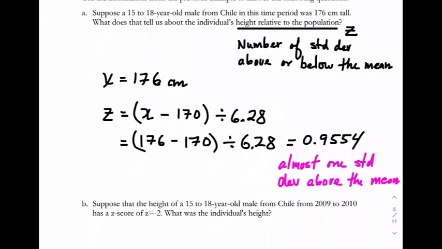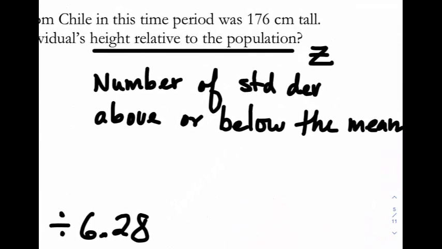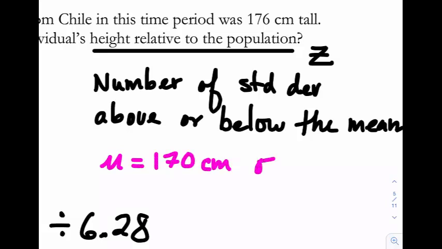So from this part, the height relative to their population is only with respect to the mean being equal to 170 centimeters and sigma being equal to 6.28 centimeters. If those two parameters were to change, that changes everything.